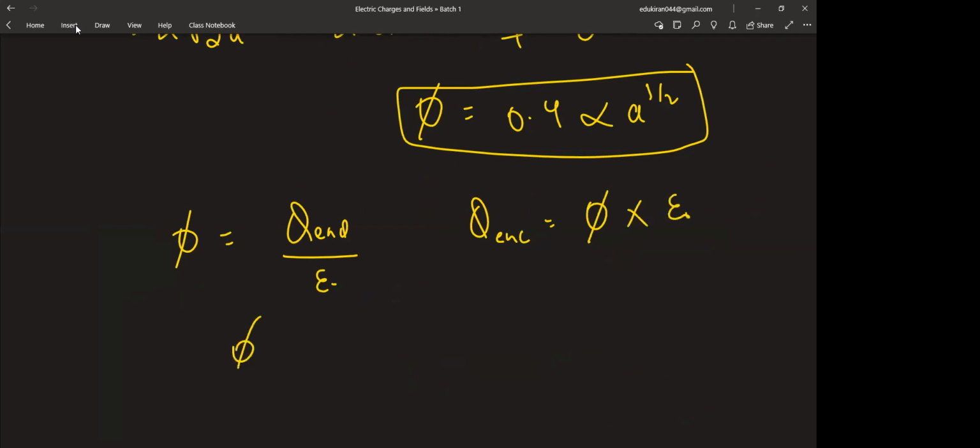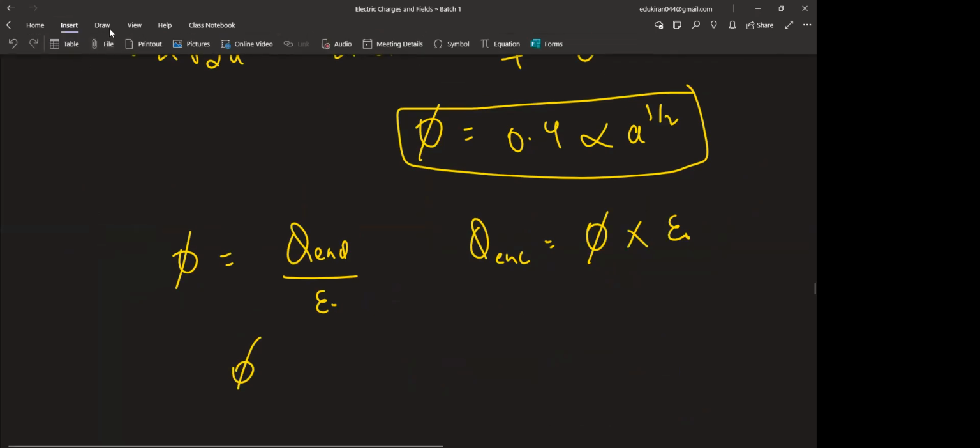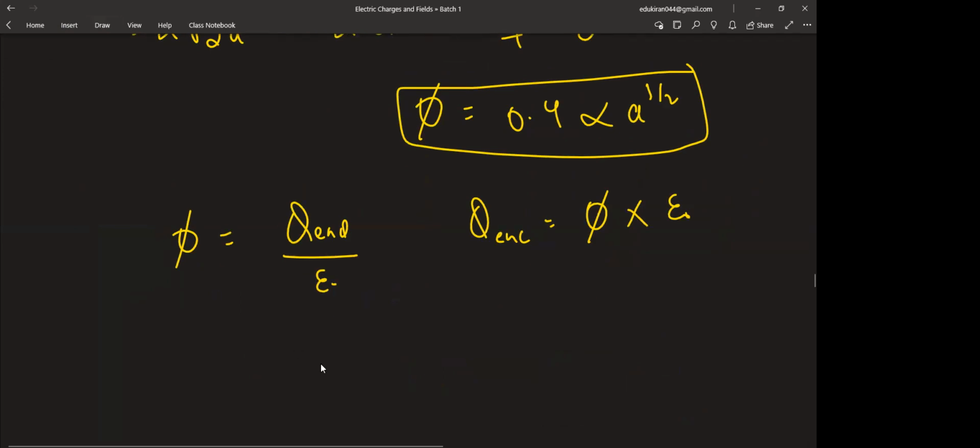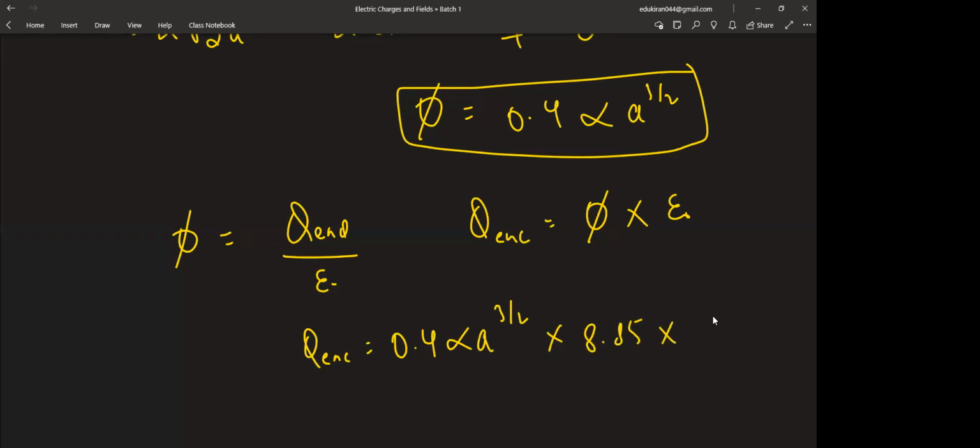So when you have the flux with you, charge enclosed would be 0.4 alpha a to the power 3 by 2 multiplied by 8.85 into 10 to the power minus 12. This is how you will be calculating the charge.